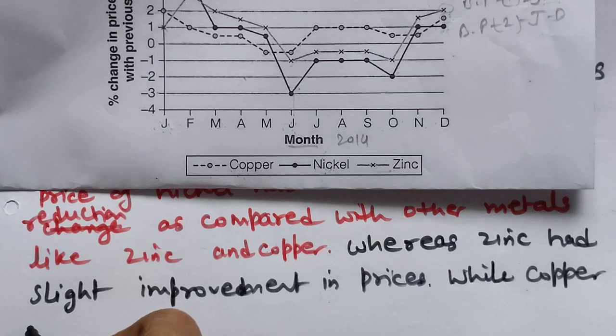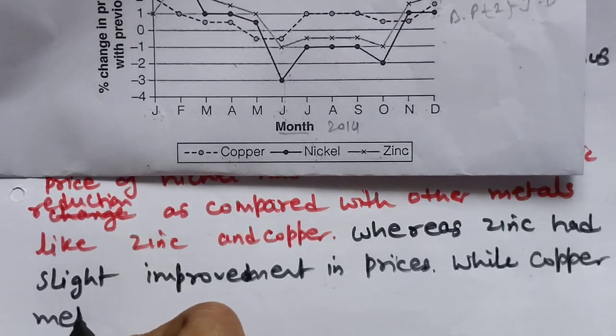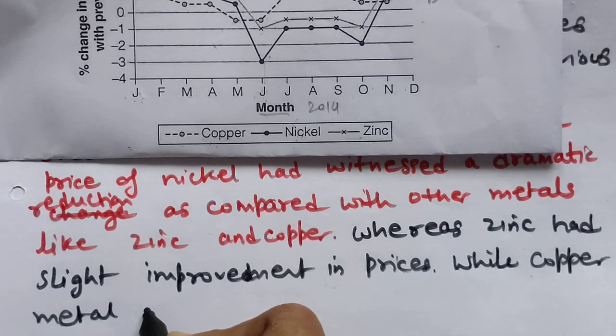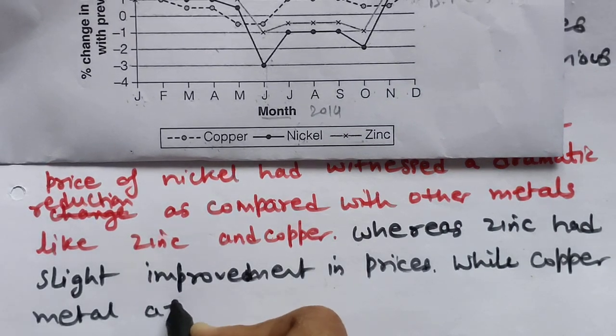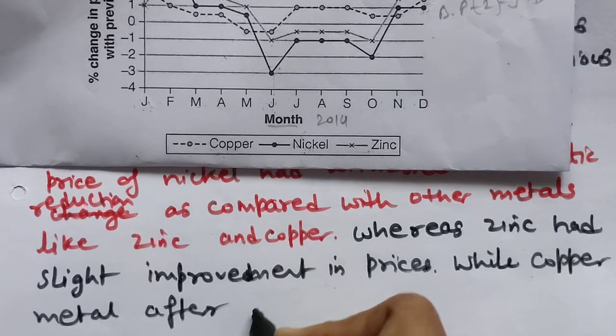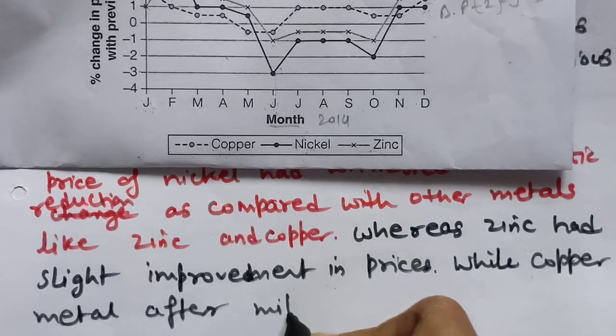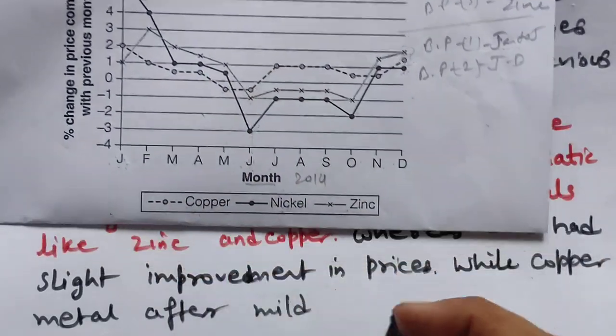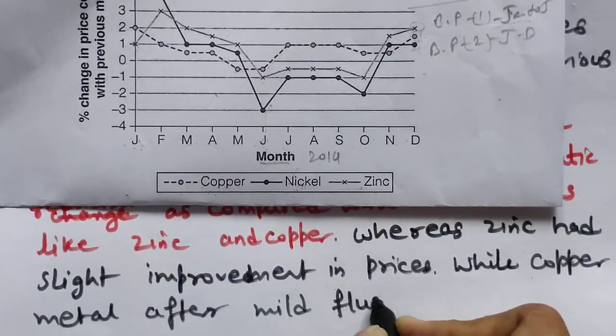Copper metal, after mild fluctuations, okay, because less fluctuations are there in copper. Mild fluctuations.